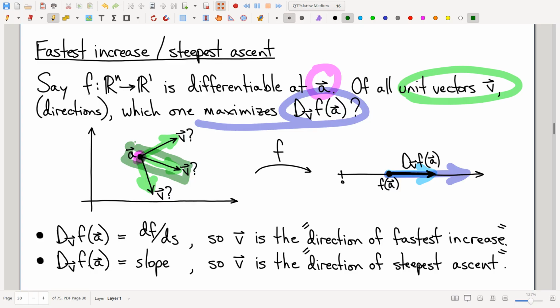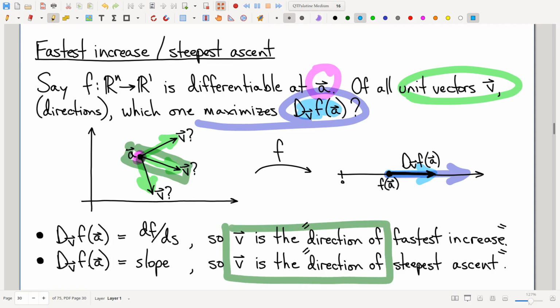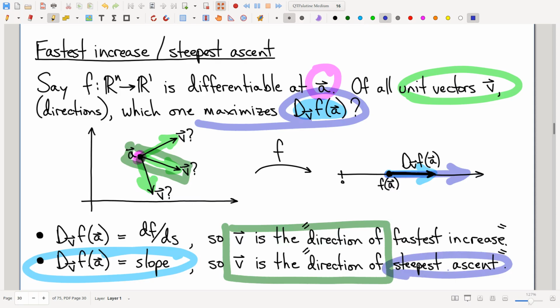There's a very crisp and elegant answer to that question, but let's talk about the terminology a little bit. The direction that you go could be described by different names depending on how you interpret the directional derivative. If you interpret the directional derivative as slope of a tangent line, you end up with this terminology here.